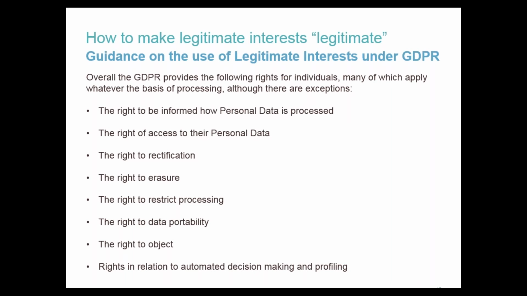To understand how the data is being processed, well, that should be something that you cover in your privacy notice. Right of access, or subject access request, as we might call it, rectification, erasure, restriction on processing, data portability, the right to object, and then we're going to hear, of course, from Emma about automated decision-making and profiling.